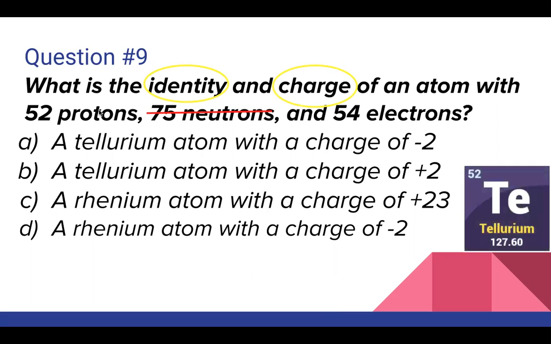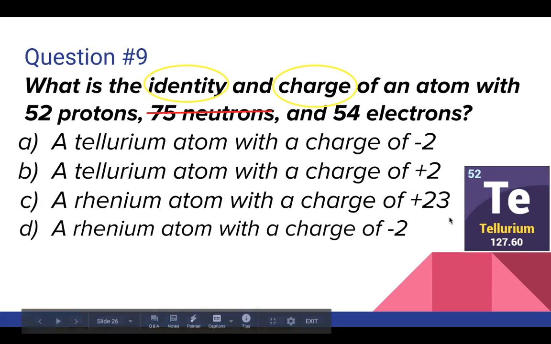So looking up the number of protons on a periodic table, you'll see that the element with 52 protons, or the atomic number of 52, is tellurium. So to figure out the identity, you just look at the number of protons and look it up on a periodic table. Now, in terms of figuring out the charge, you just do the number of protons minus the number of electrons. Now, why did I already start eliminating this?